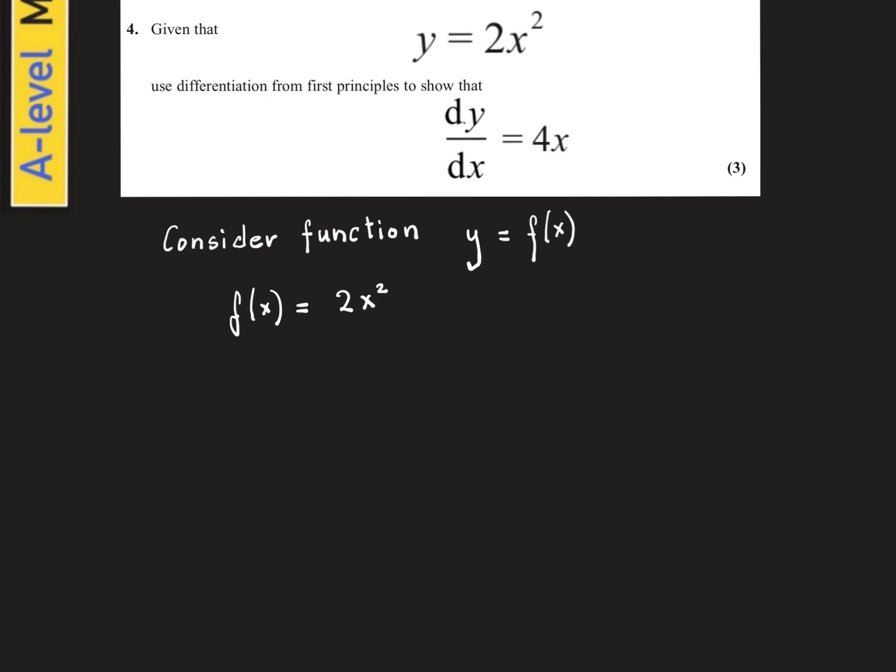And the reason I like using the function at x is because now I can write the function f(x + h), which is going to be 2(x + h) all squared.